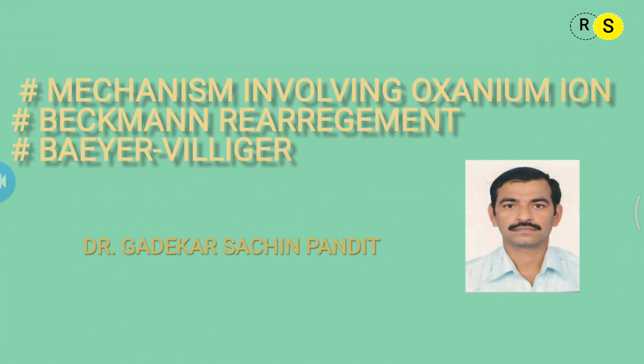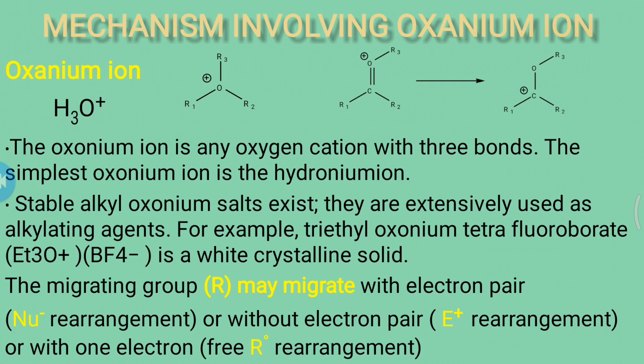Today we discuss mechanisms involving the oxonium ion, then the Beckmann rearrangement reaction, and then the Baeyer-Villiger rearrangement. First, what is an oxonium ion? A simple example is H3O plus. Second, the trialkyl oxonium ion.